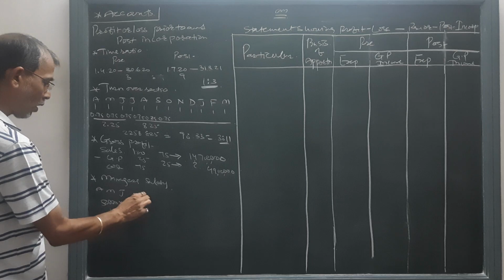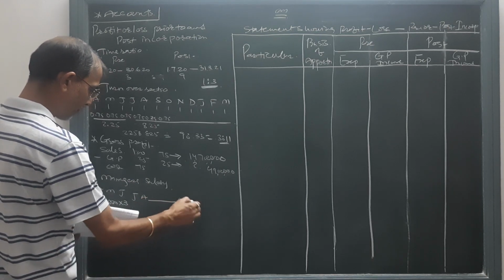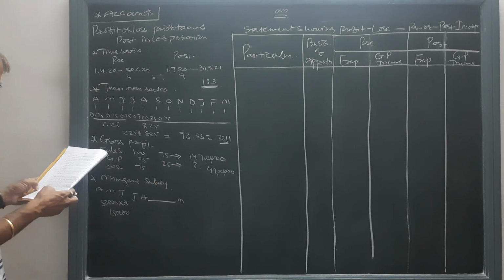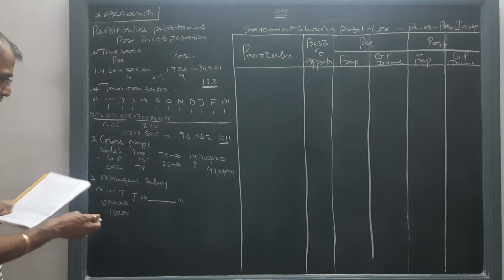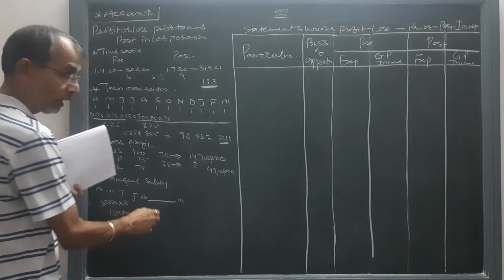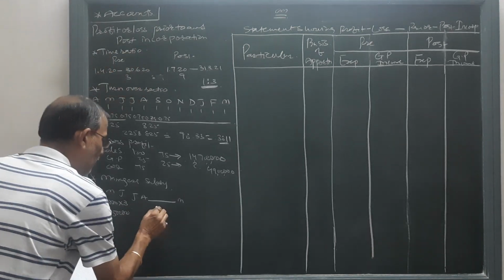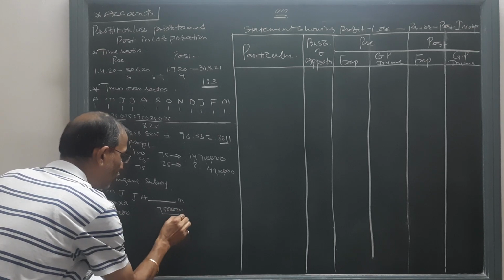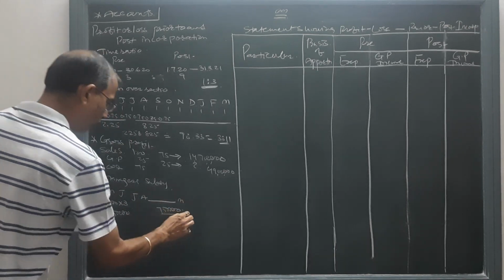From July, August to March, from 1/8 he received 7,50,000. Here onwards he is receiving 7,50,000 per annum. So divide by 12 into how many months will it be?